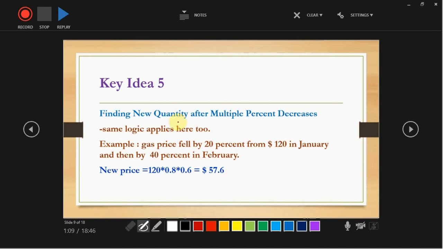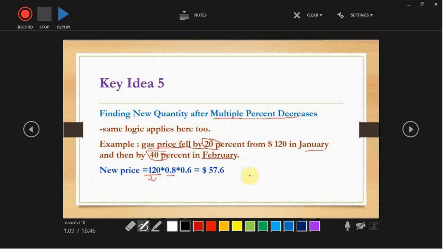Key idea 5. This relates to multiple percent reductions. Here also the same logic. For example, the gas price fell by 20% first in January and then 40% in February. So now the final price will be 120, which is the original price, times 0.8.